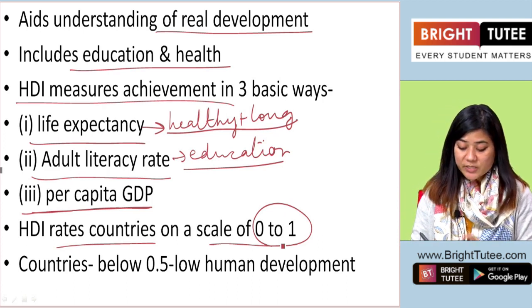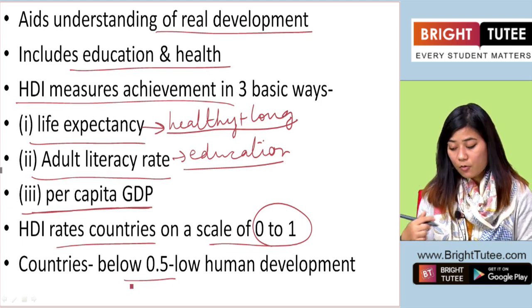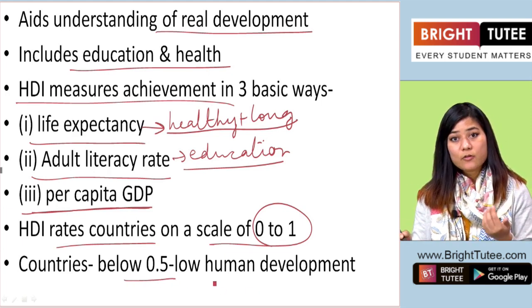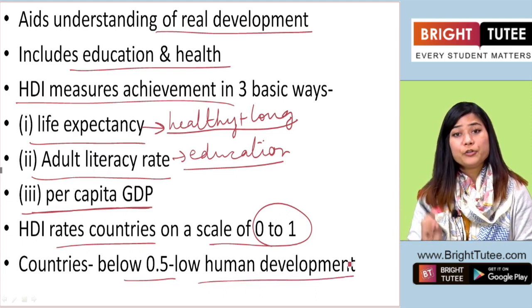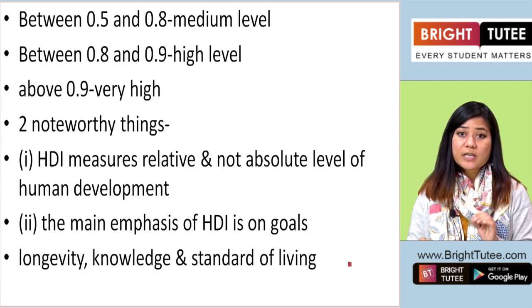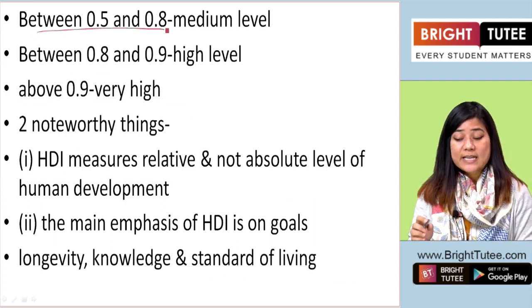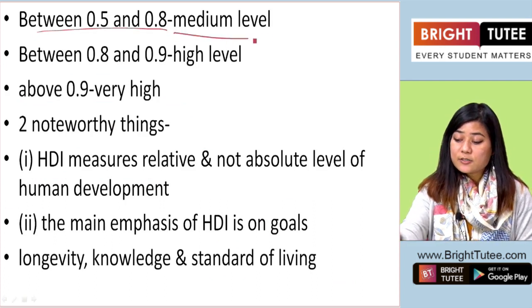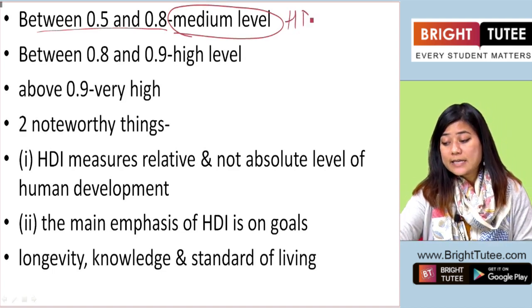So the countries which have a score of 0.5 and below, that country is considered to have low human development. Alright, and those countries which have their score between 0.5 and 0.8, those countries are considered to have medium level of human development index.